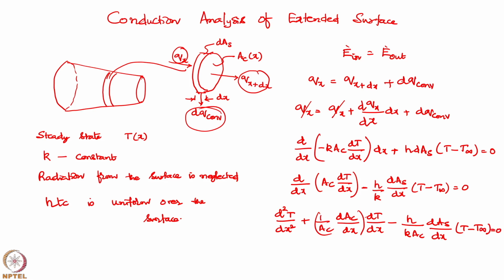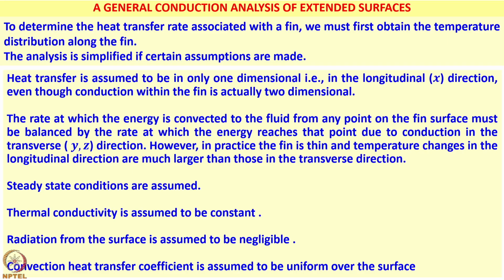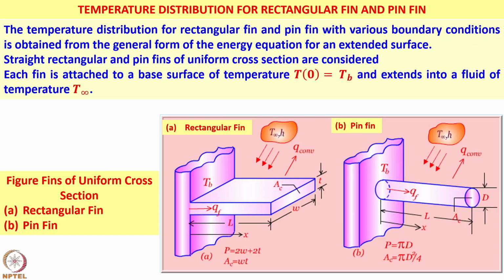But now most of the time we do not consider non-uniform areas. Most of our fins are of uniform area. Take this rectangular fin: Ac is not varying with x, it has a perimeter of 2w plus 2t, and cross-sectional area w into t. For a circular fin the perimeter is pi d and the cross-sectional area is pi d squared by 4.